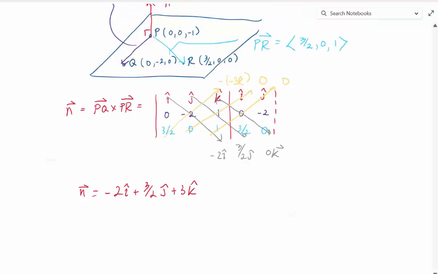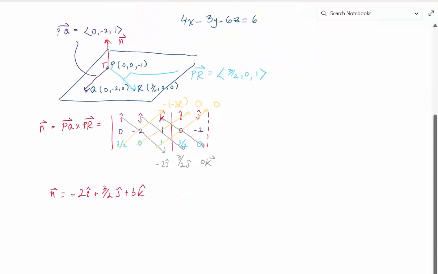Okay, and so the purpose of the exercise was actually to recognize that these numbers here, -2, 3/2, and 3, are just scaled versions of this. And so the idea being that the normal vector actually turns into the coefficient, or is a scaled version of the coefficients of the equation of the plane.